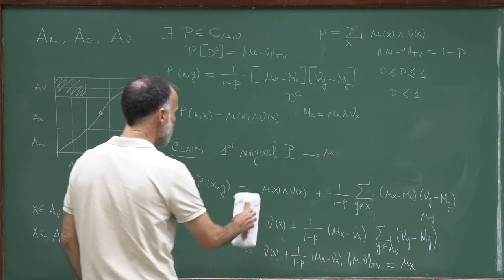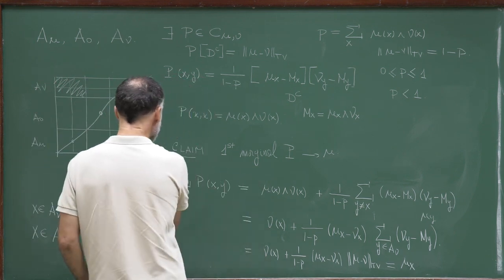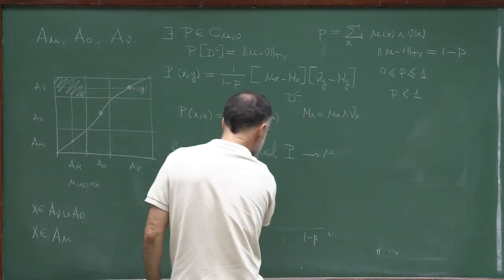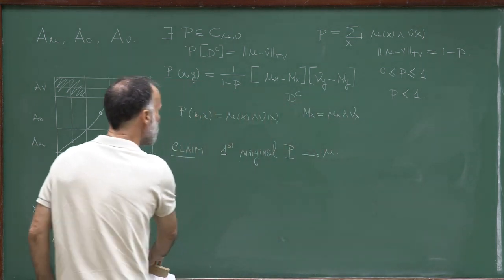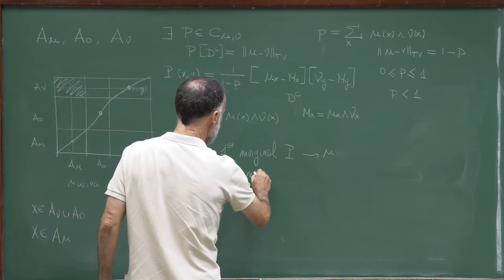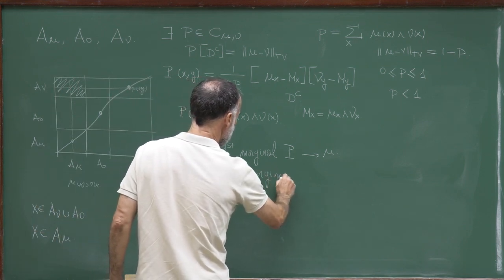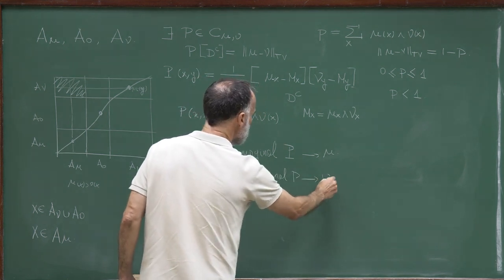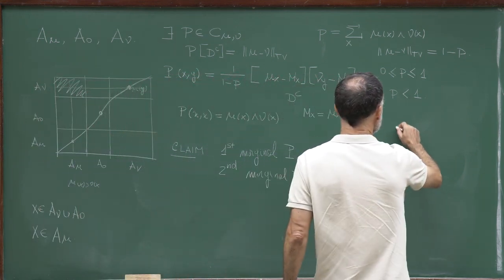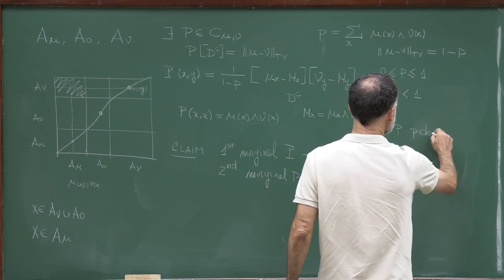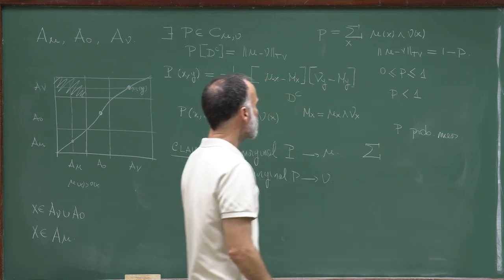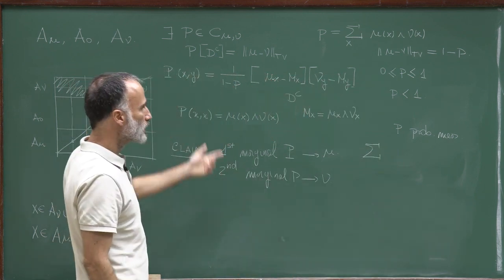So we have proved my claim that the first marginal of p is mu. The second marginal, of course, is nu by the same computation. And this shows also that p is a probability measure, because I already checked that p is non-negative.